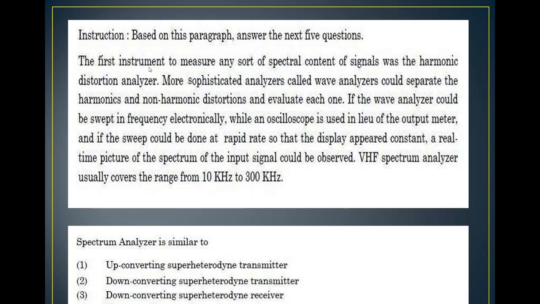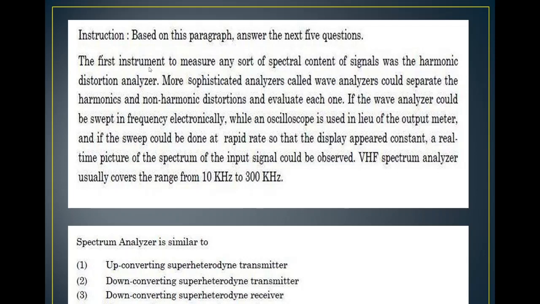If the wave analyzer could be swept in frequency electronically, with an oscilloscope used in lieu of the output meter, and if the sweep could be done at a rapid rate so that the display appeared constant, a real-time picture of the spectrum of the input signal could be observed. Very high frequency spectrum analyzers usually cover the range from 10 kHz to 300 kHz.